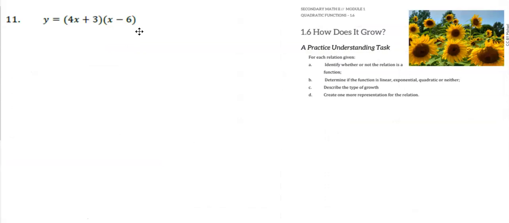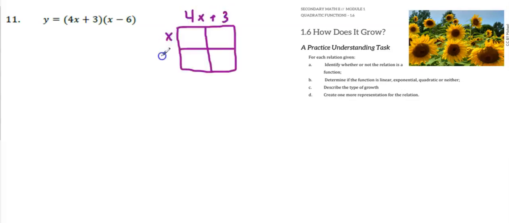I could also rewrite my equation by multiplying my two linear factors. I'm going to use the box method, so I have 4x plus 3, x minus 6, giving me 4x squared. So now I'm using the distributive property to multiply, and the box just helps me keep everything organized.